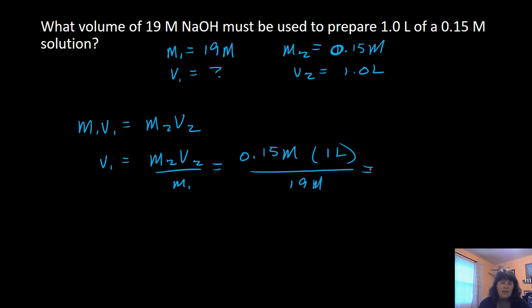So 0.15 divided by 19, 0.00, oh, my phone rang, hold on, 0.0079 liters, which is equal to 7.9 milliliters. Which makes sense.